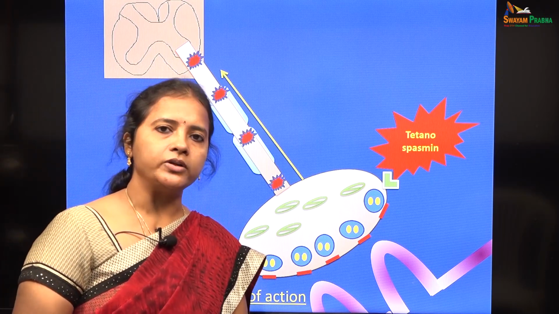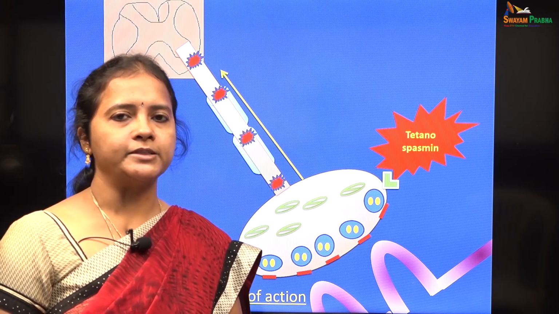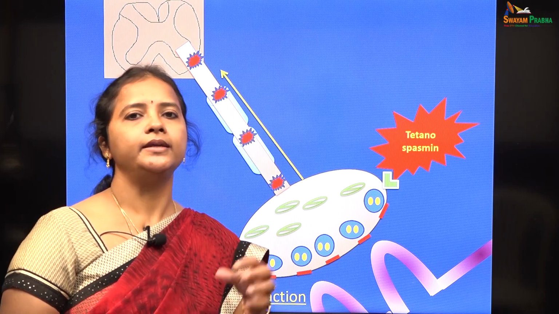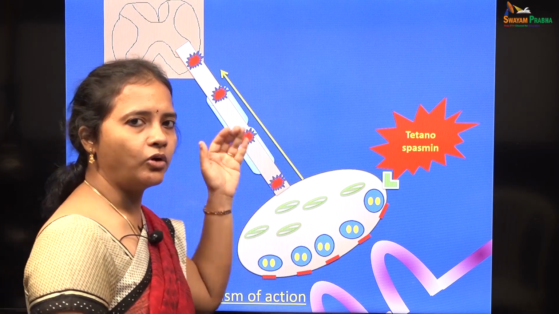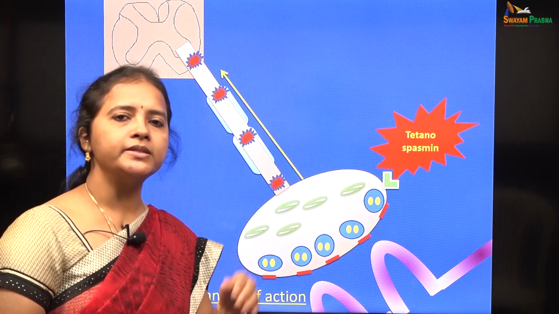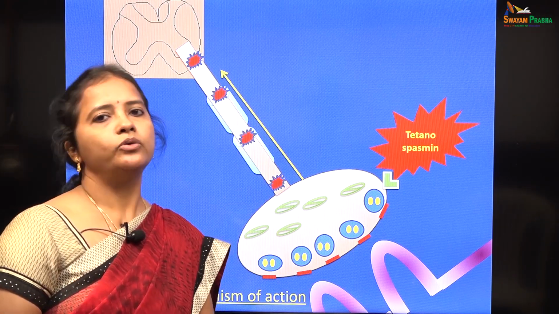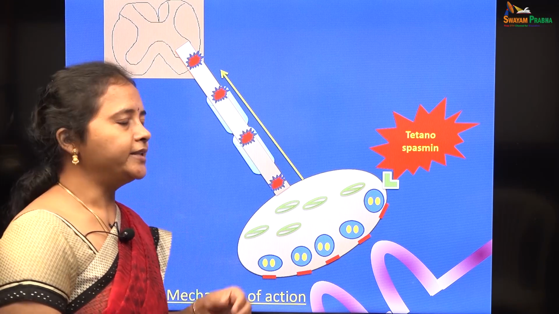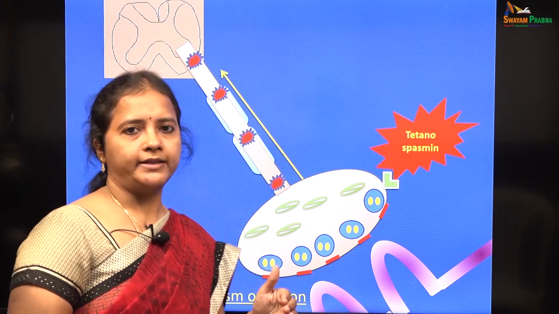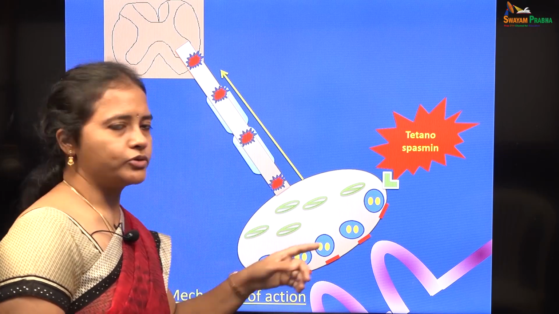In the anterior horn cells of the spinal cord, the tetanospasmin binds to the ganglioside terminals of the inhibitory interneurons present there. On binding to the inhibitory interneurons, this toxin inhibits them, and the actual function of inhibitory interneurons is to control the activity of the alpha motor neurons of the spinal cord.